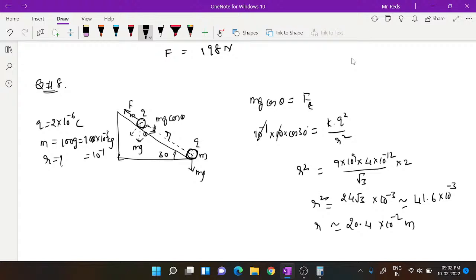There is no such option. 27. Any of these values will be more than 20. One second. So 30, if we take it as root 3 by 2, 3 will not come. Only this. 3 into 2, 3 into 2.